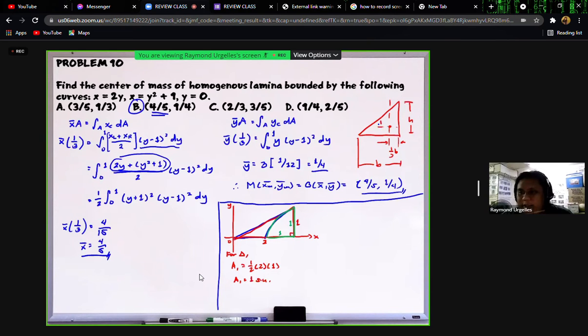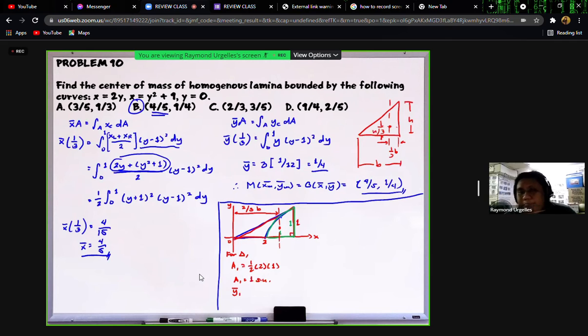If this is the base and this is the height, the distance from the base is the height divided by 3. So the centroid of our triangle will be around here, such that its distance from this side is 1/3 of the base. Meaning from the vertex here, it is 2/3 of the base.